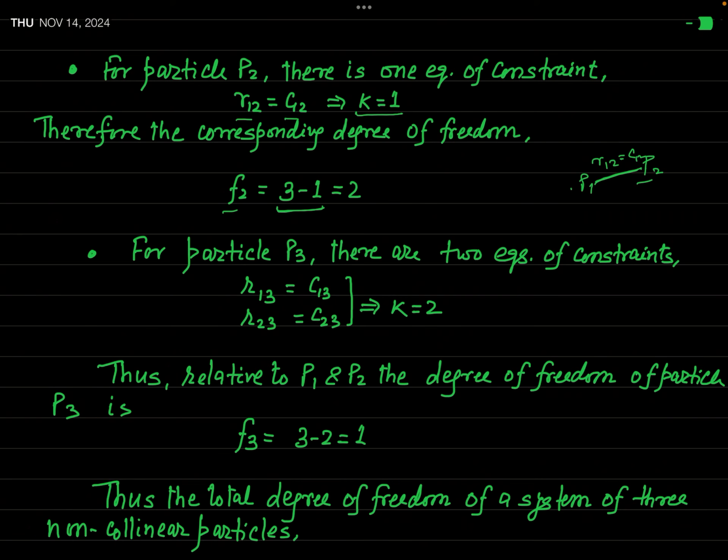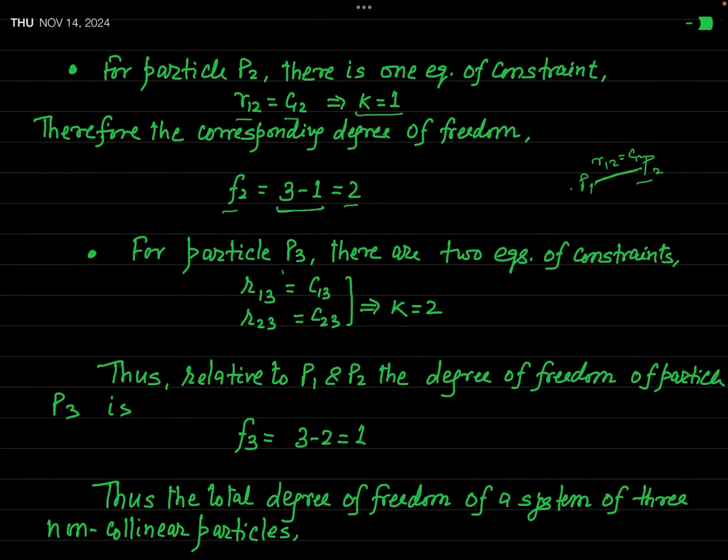But relative to P1, P2 has been imposed one constraint. And what is that constraint? The distance of P2 from P1 is fixed. And so F2 is equal to 2. So P1 has 3 degrees of freedom, and P2 has 2 degrees of freedom relative to P1.